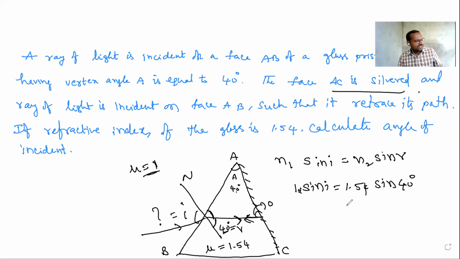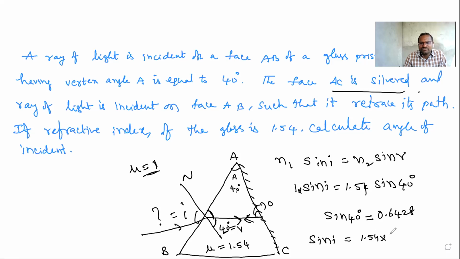In the question they will give you the sin 40 value. If they give it in the final exam, definitely they will mention the value. So sin 40 value is 0.6428. So sin i is equal to 1.54 into 0.6428.